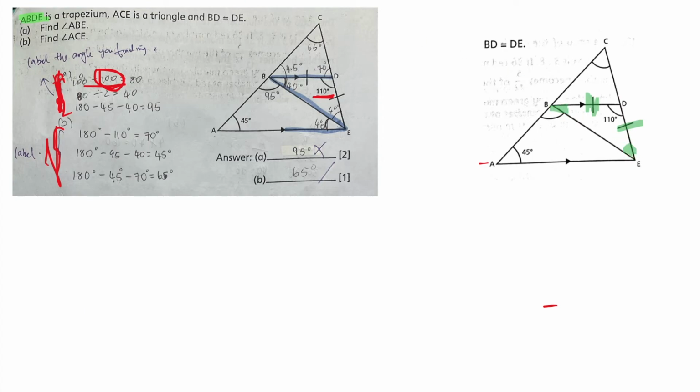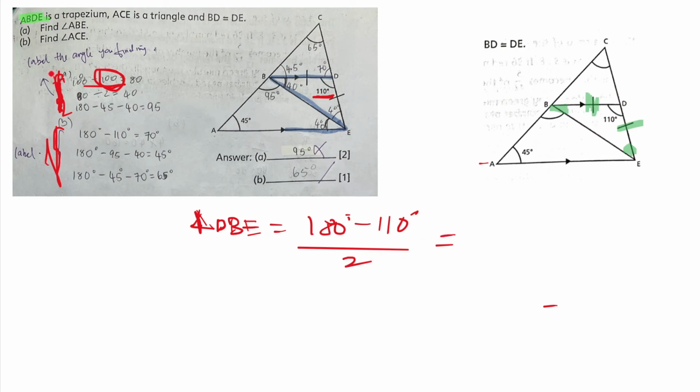You can find one angle. Yeah, label your angle. DBE equals to 180 minus 110, divided by 2.